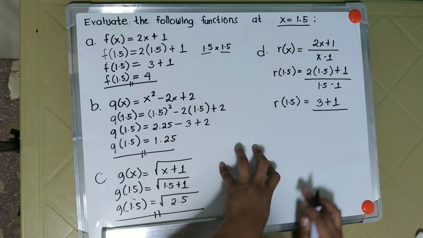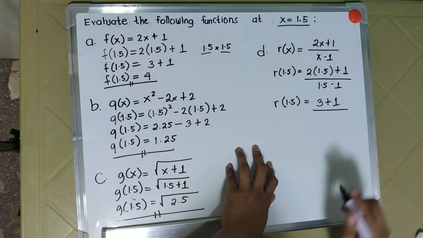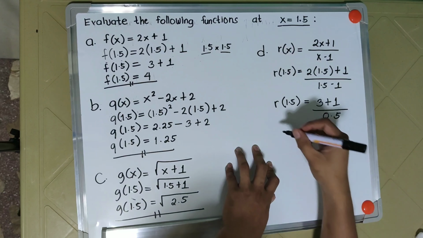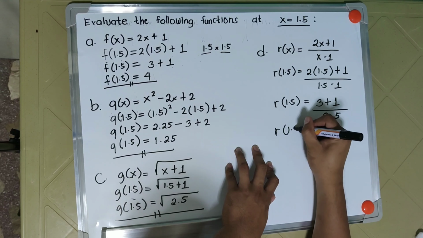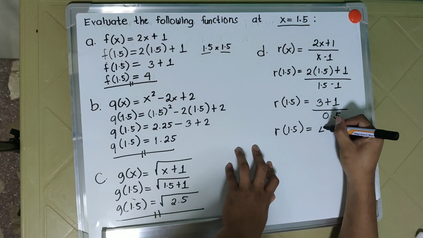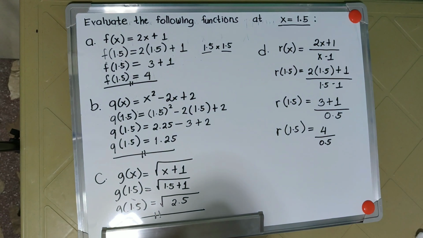What about the denominator? 1.5 minus 1. Simple. That is equal to 0.5. So, simplify it now. Our r of 1.5 is equal to 3 plus 1, that is 4 all over 0.5. Is that the final answer?